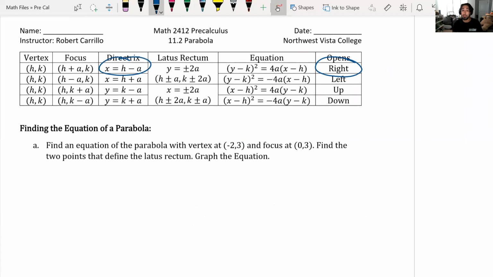And remember, if x equals any number, that is always a vertical line.